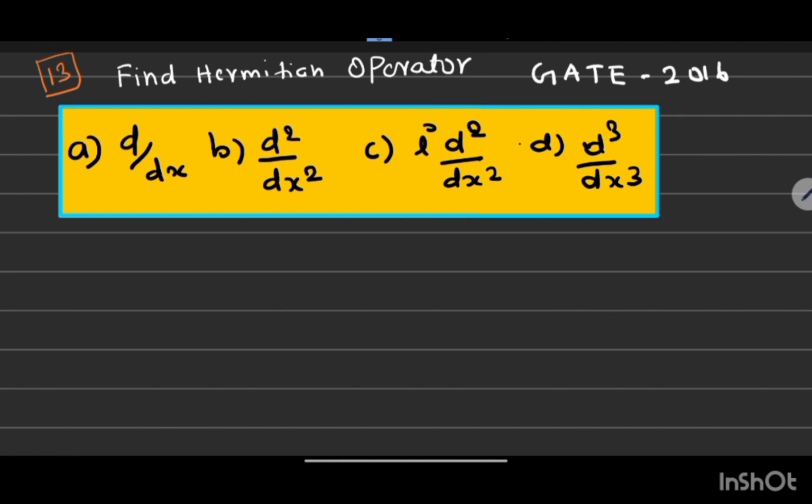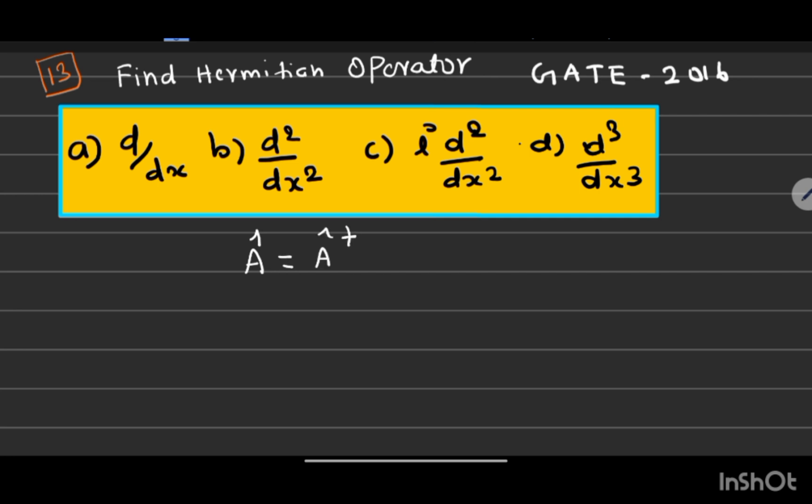Here is the GATE 2016 question. You have to find the Hermitian operator among the four given operators. As we discussed in my previous lecture, an operator will be Hermitian if it is equal to its Hermitian adjoint.